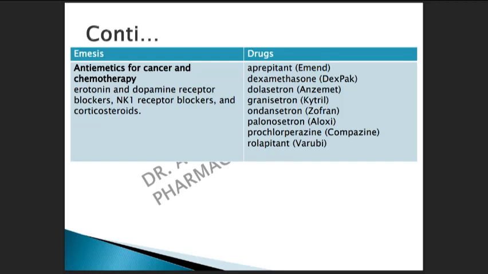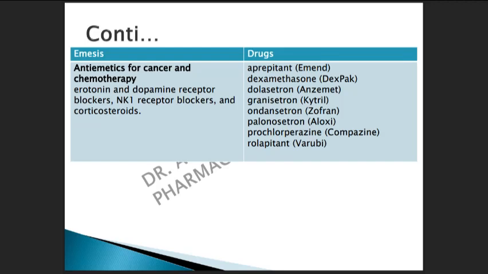If we talk about the ADR, adverse drug reactions, which are associated with the use of different classes of antiemetic. The first one is antihistamine.